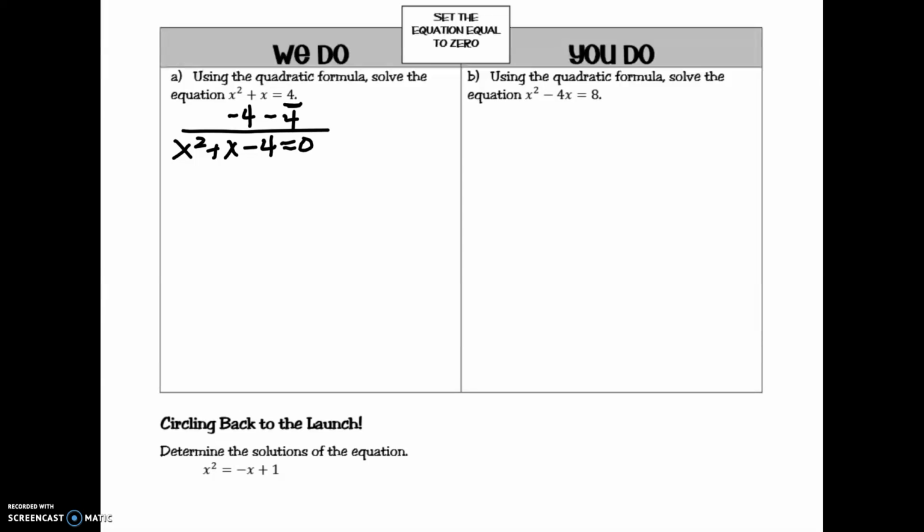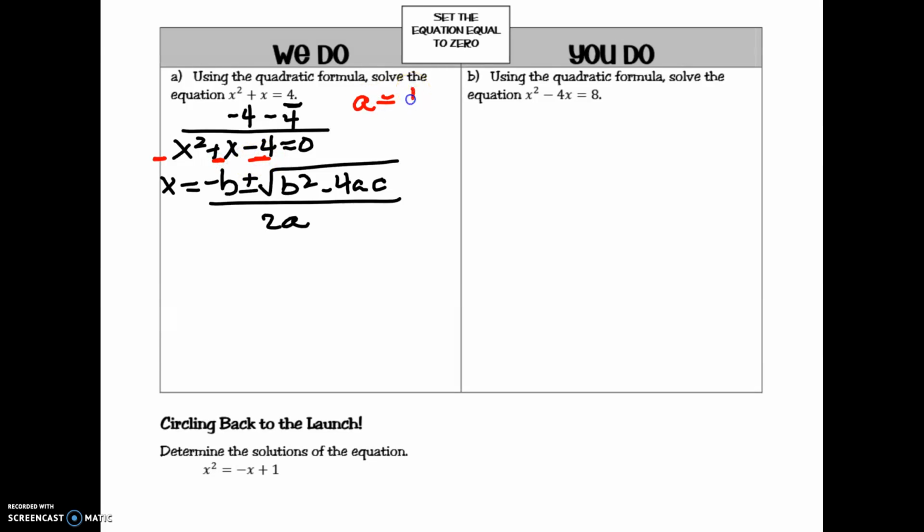So now I'm going to write down the equation, which says x is equal to negative b plus or minus the square root of b squared minus 4 times a times c, all over 2a. At this point, I'm going to identify my a value, my b value, and my c value. So a is equal to 1, b is equal to 1, and c is equal to negative 4.